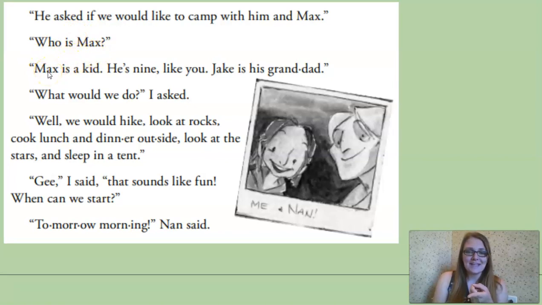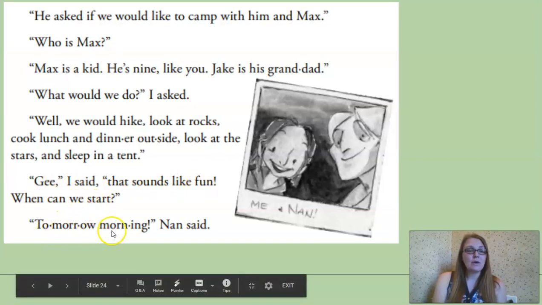"Max is a kid. He is 9, like you. Jake is his granddad." "What would we do?" I asked. "Well, we would hike, look at rocks, cook lunch and dinner outside, look at the stars, and sleep in a tent." "Gee," I said, "that sounds like fun. When can we start?" "Tomorrow morning," Nan said.